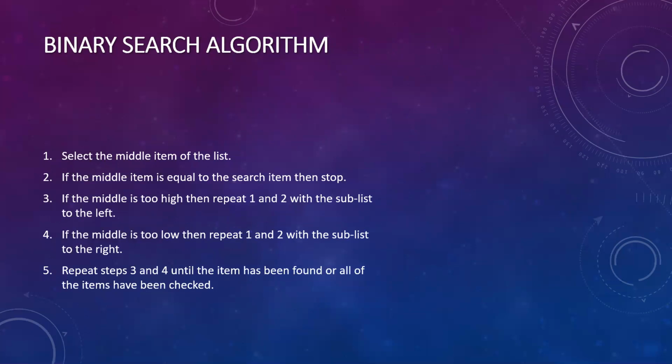So this is the theme. At first it will find the middle point of the main list. If this is the same as the search item, then it will stop its work. Otherwise, if the item that we are searching for is too high, then it will try to find the item from the middle point to the left side, that means in the left sublist.